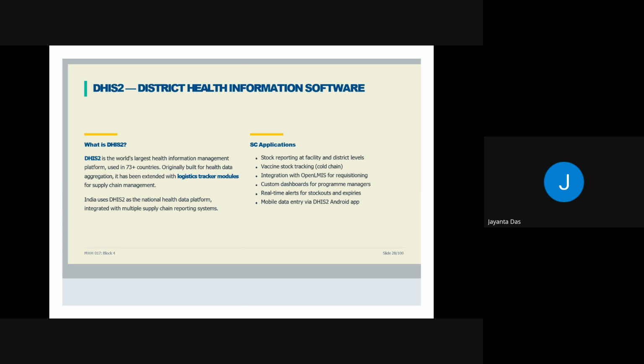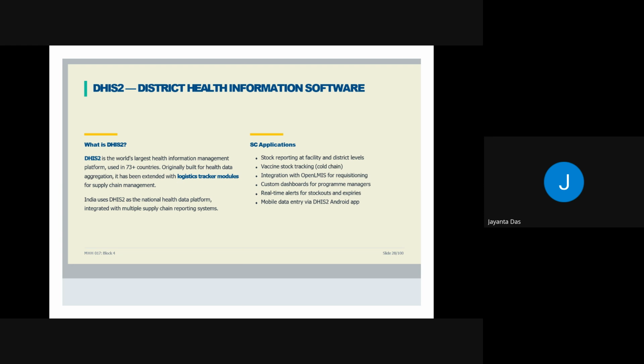In our application, it gives us stock reporting at facility and district levels, and vaccine stock tracking. I'll be coming into detail of it; that is the cold chain one. Integration with OpenLMIS for requisition, and custom dashboards for program managers, which are very helpful for taking evidence-based, conscious decisions.